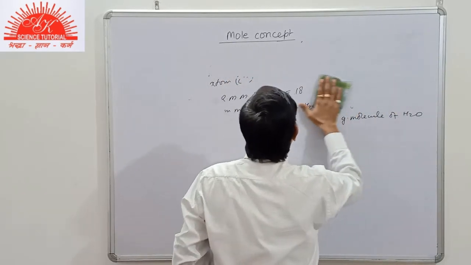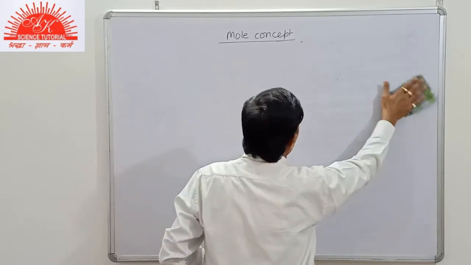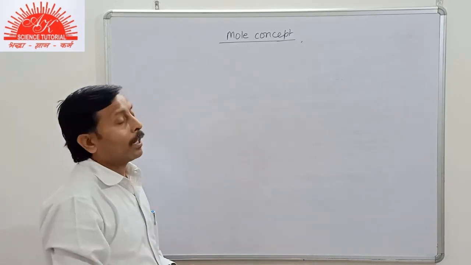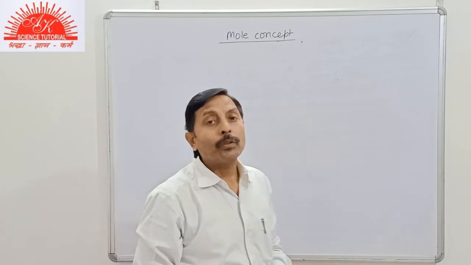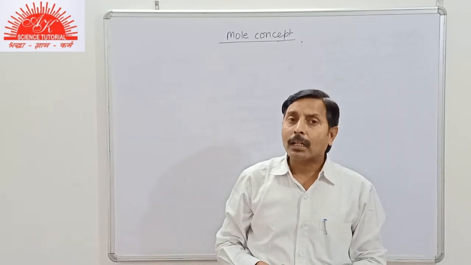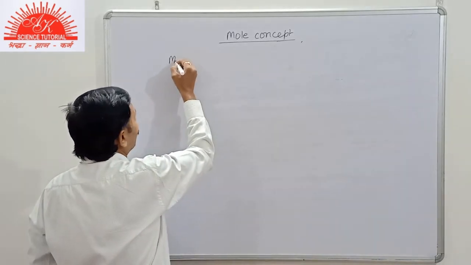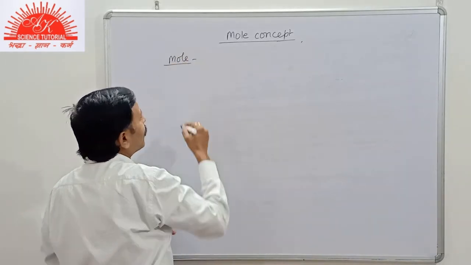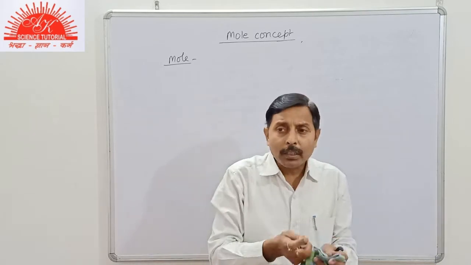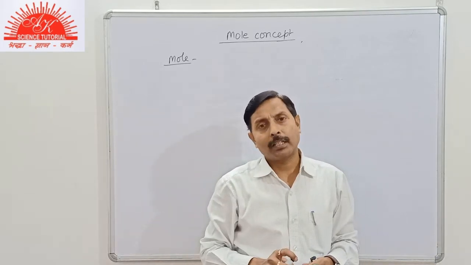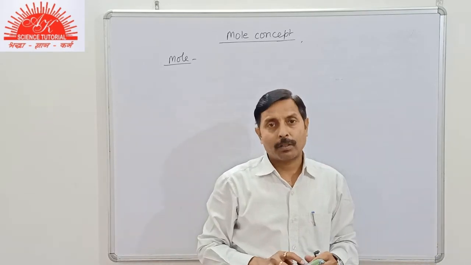Now you have used all these relationships. Now come to the unit which is a standard value, that is called mole. And finally, after explaining the mole, we will relate all these physical quantities together, giving the mole concept.